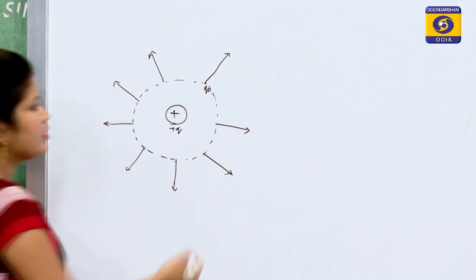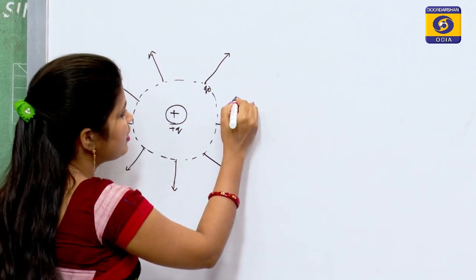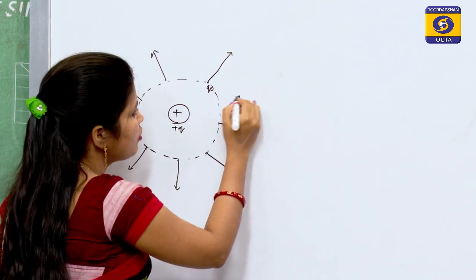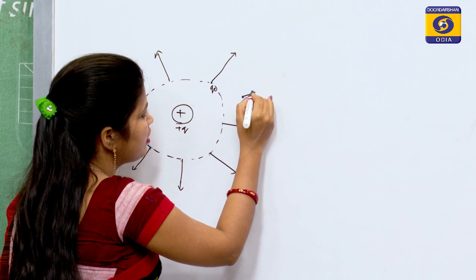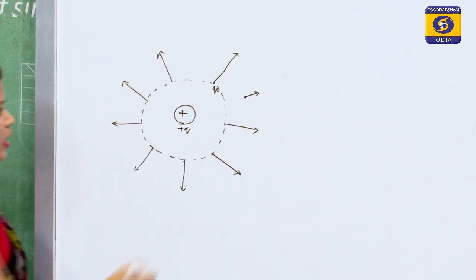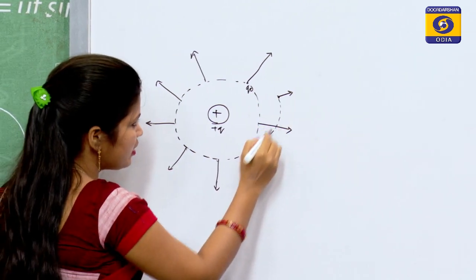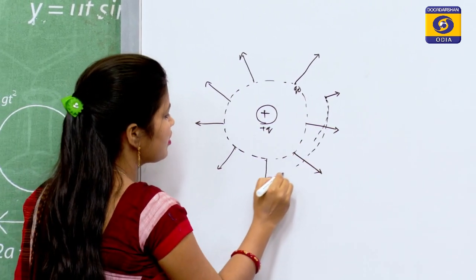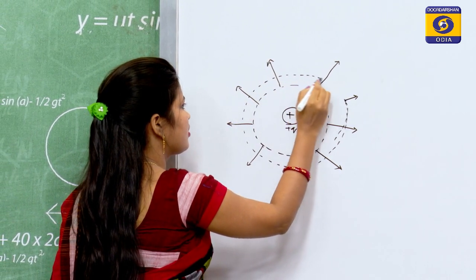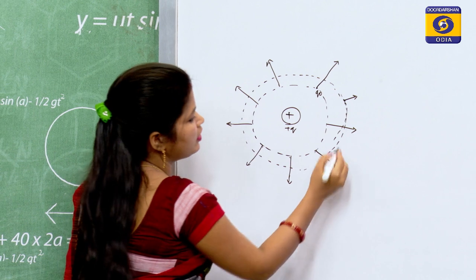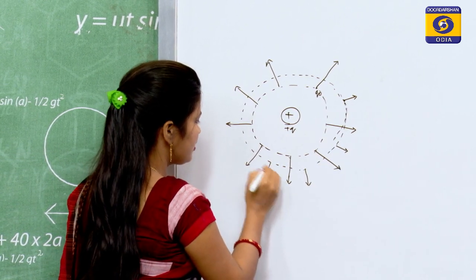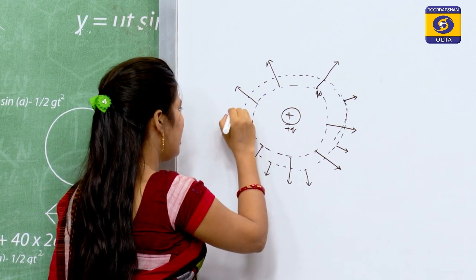Okay. So, when we place the test charge here, then the electric field is also outward, but less than before, and in the same radius, that is the same distance, the electric field will be the same and outward.